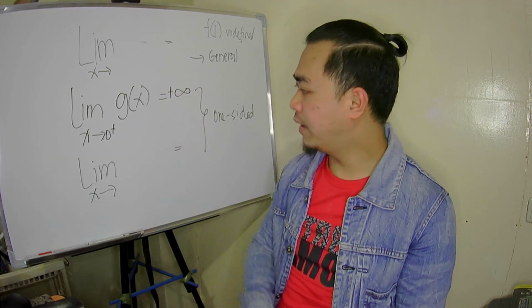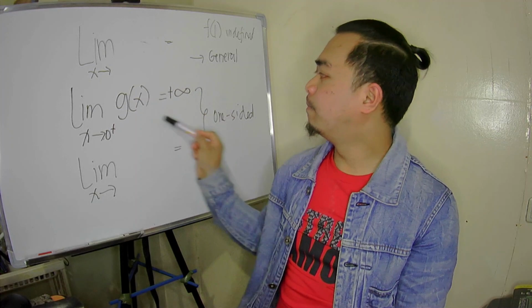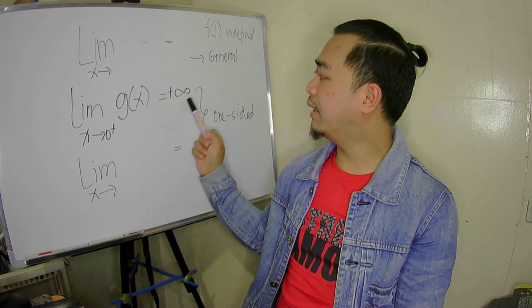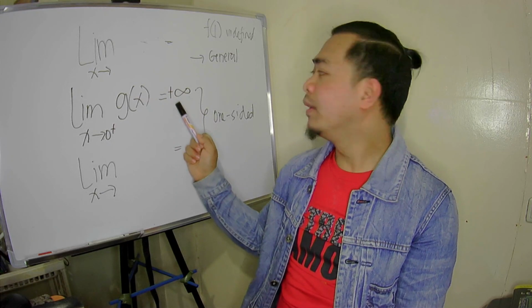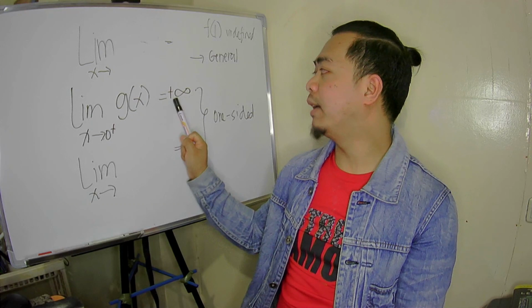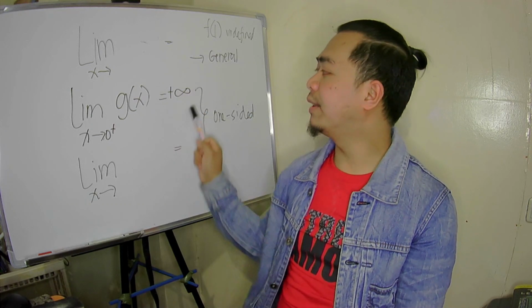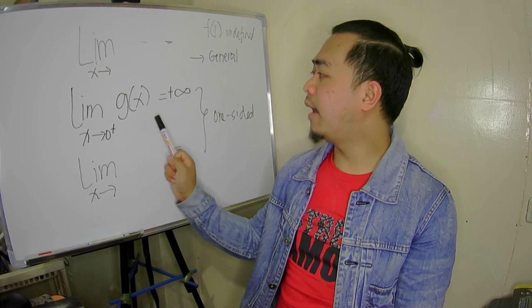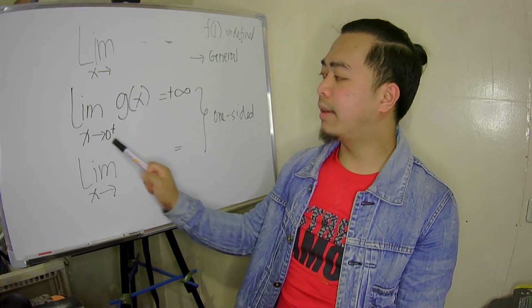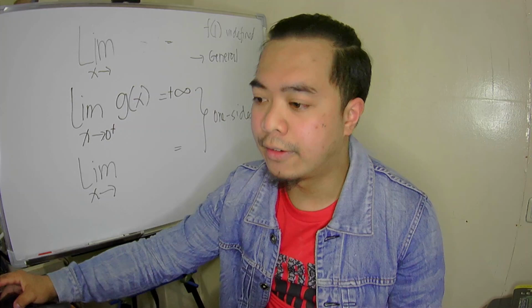So, that's a good observation. If you read the entire manual or module, sabi natin, this is not a number, but this is accepted. You can put the equal sign kapag ito yung notations natin. However, these are not numbers. This only means that g of x is approaching positive infinity if x is approaching 0 from the right.